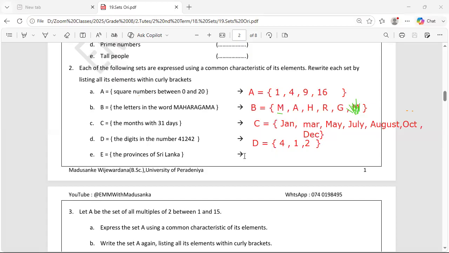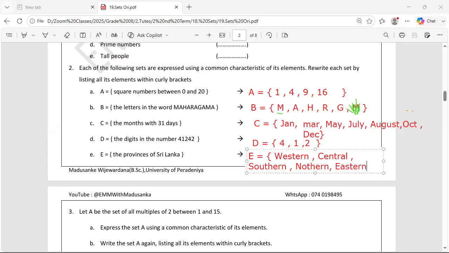Then the provinces of Sri Lanka. Even here I can't repeat any. Part E equals open curly bracket. Western province, I am not going to write the word province. Then Central, comma. Then Southern, comma. Then Northern, comma.